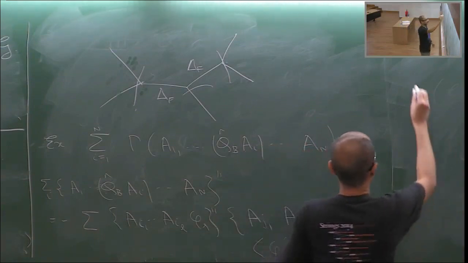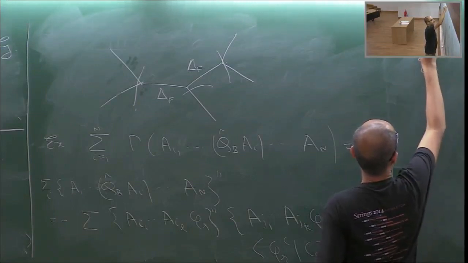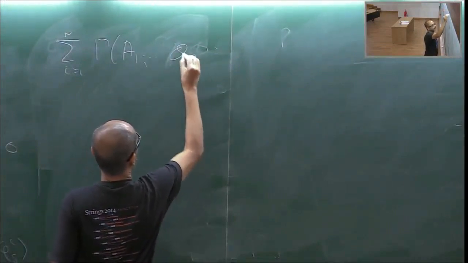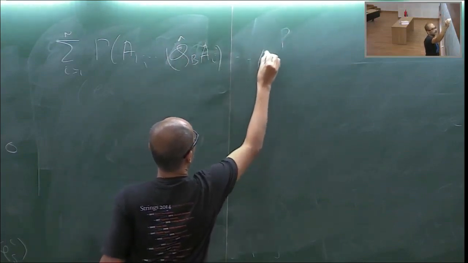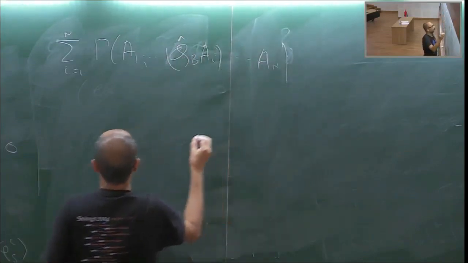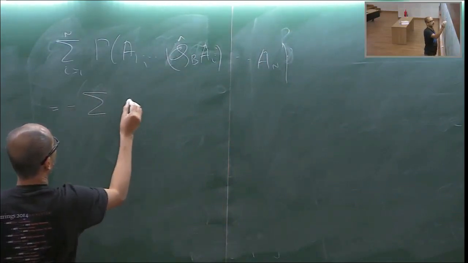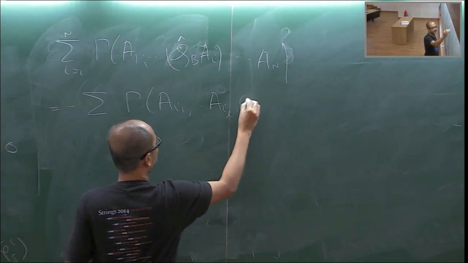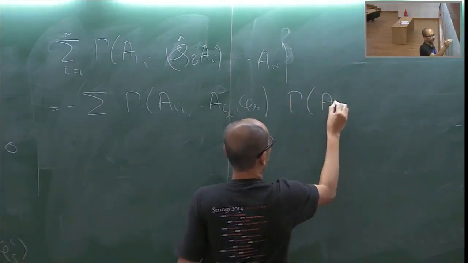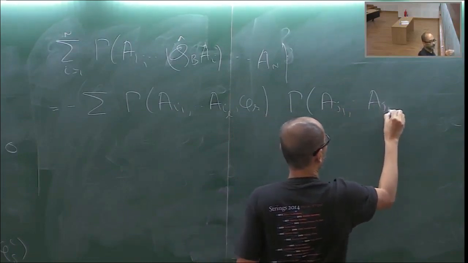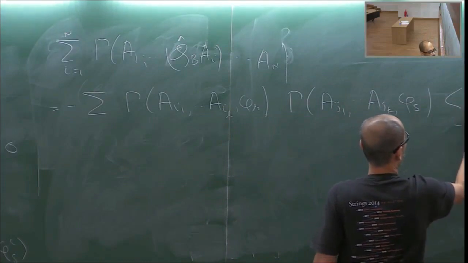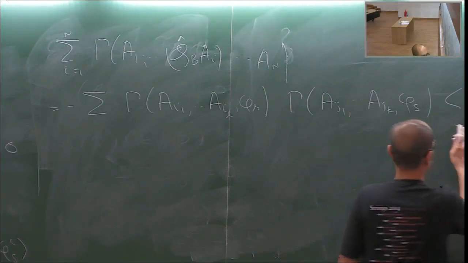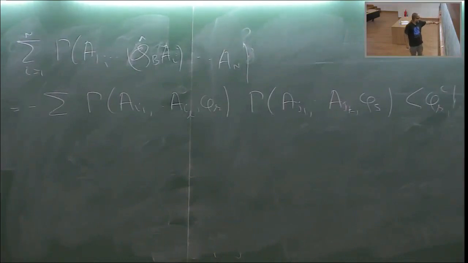So what we will get is the sum over I equal to 1 to n, the first term will be minus... okay, so this is what you get by applying the Ward identity directly and using this formula.